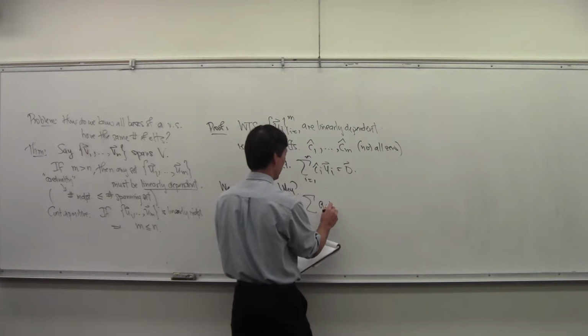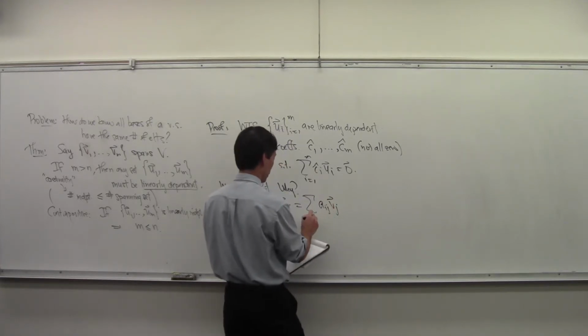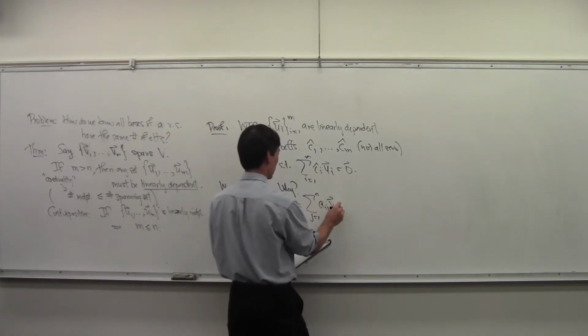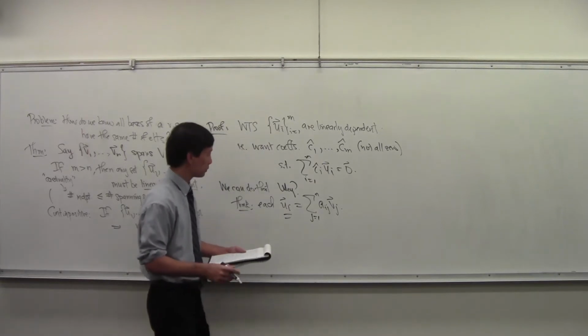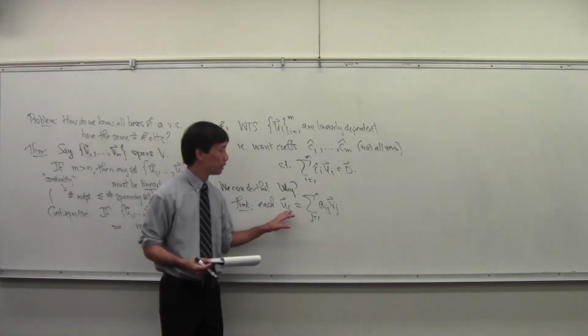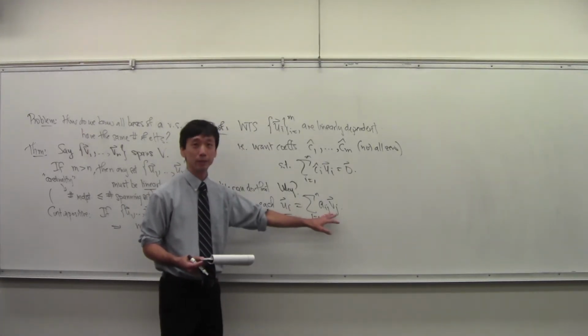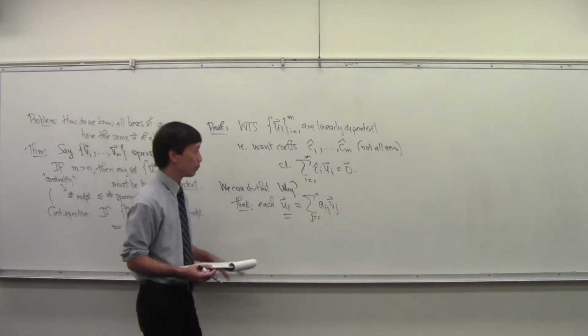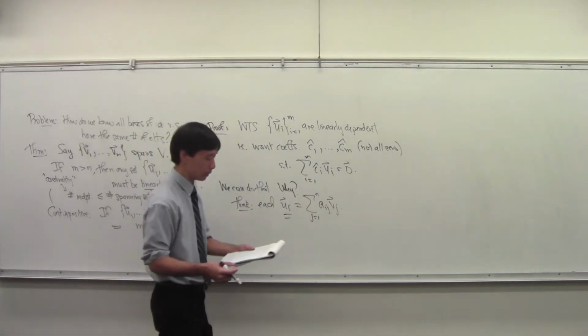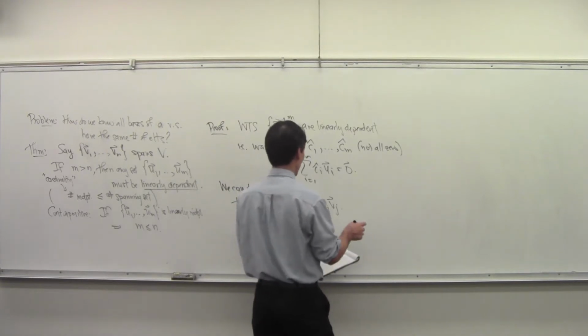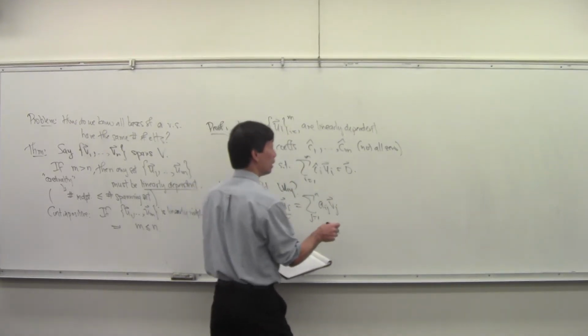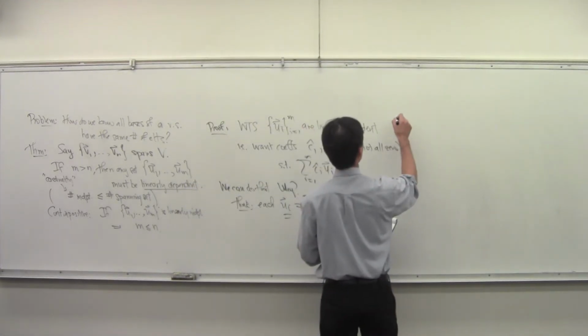So let's write it down, j equals 1 to n. Each of the ui's is a linear combination of the vi's, because the vi's span the space.